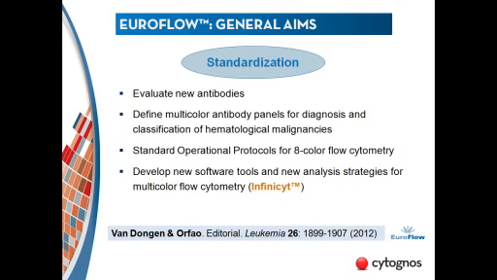Which things did EuroFlow want to standardize? Well, first of all, sample preparation procedures, setting and calibration of the cytometers, antibody panels, and data analysis. So all these things were standardized by EuroFlow with the aim of diagnosing leukemia and lymphoma.